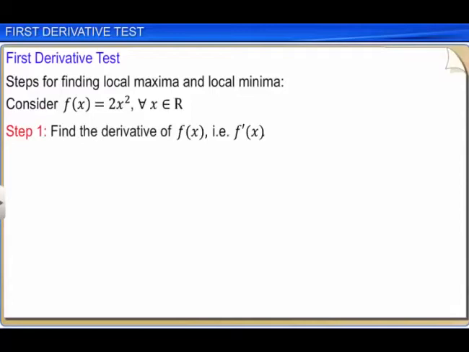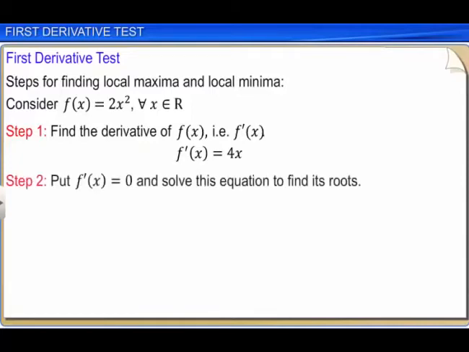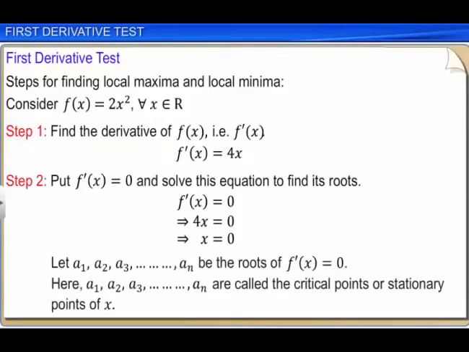The derivative of the function f of x with respect to x is equal to 4x. After finding the derivative, we equate it to 0 and solve it for the roots of f dash x equal to 0. On equating the derivative to 0, we get only one root, and that is x is equal to 0. The roots so obtained are known as the critical points or stationary points of f.